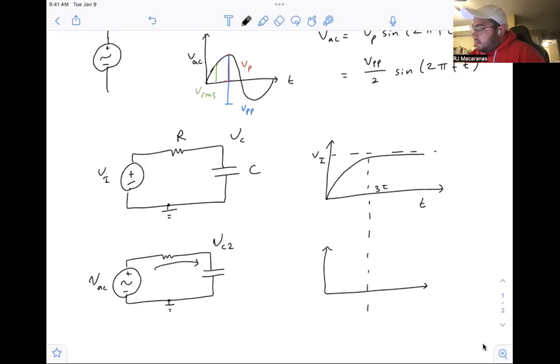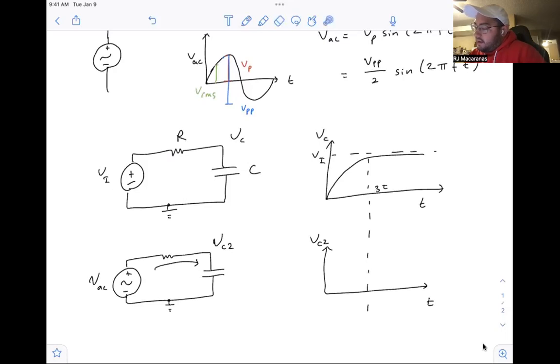At that time here, suppose the current all of a sudden switched directions. This is a plot of VC, and this is a plot of VC2. So let's suppose that before we got to that 3 tau, the current started going in the opposite direction.